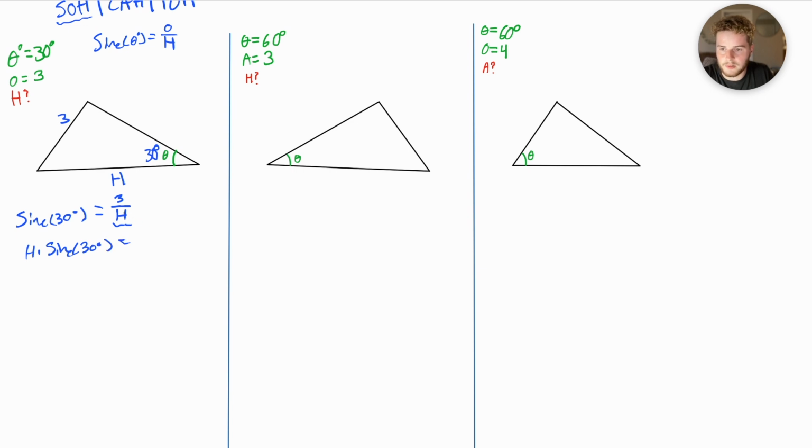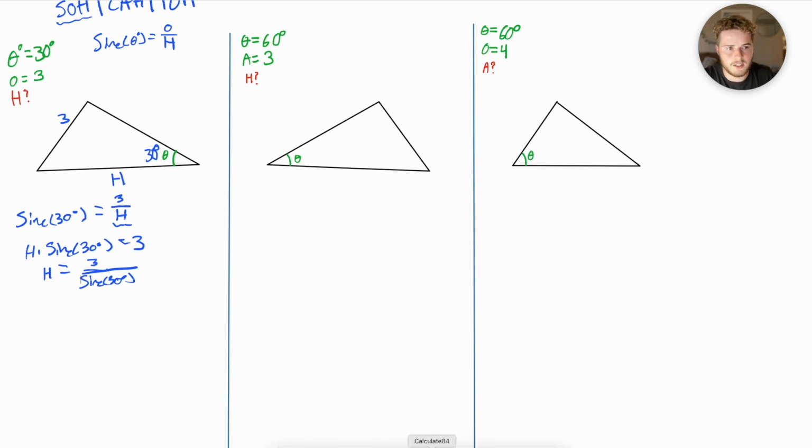And then since you multiply 3 over h by h, that gets rid of the h on the bottom, so 3. And then since we're solving for h, we set h equal to 3 divided by sine of 30 degrees. Now with this in mind, we can solve for the hypotenuse.